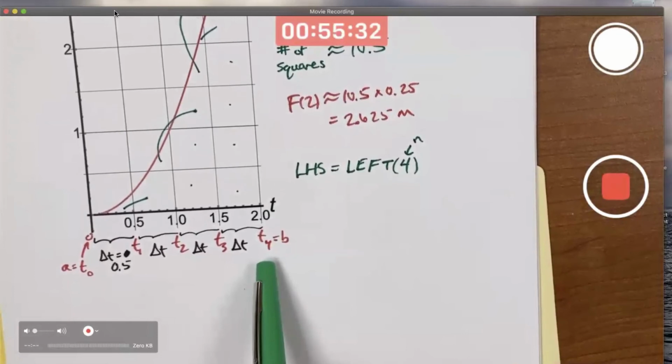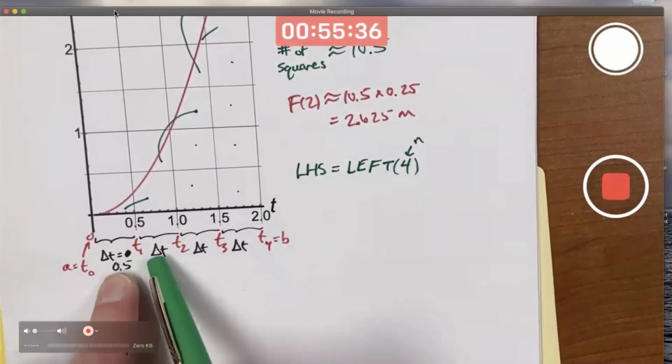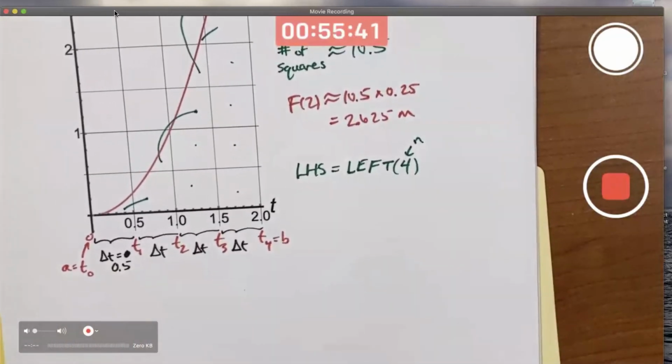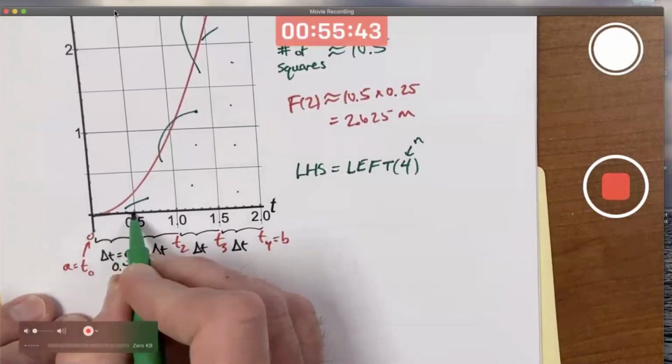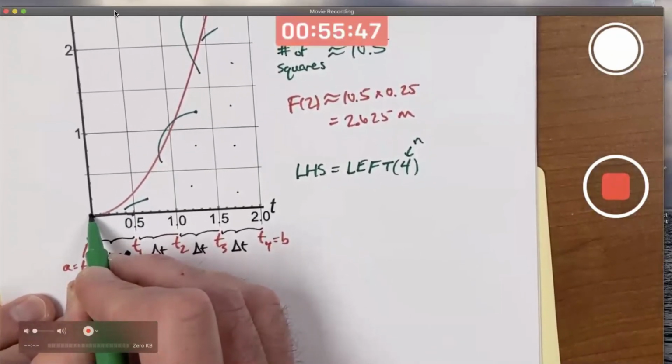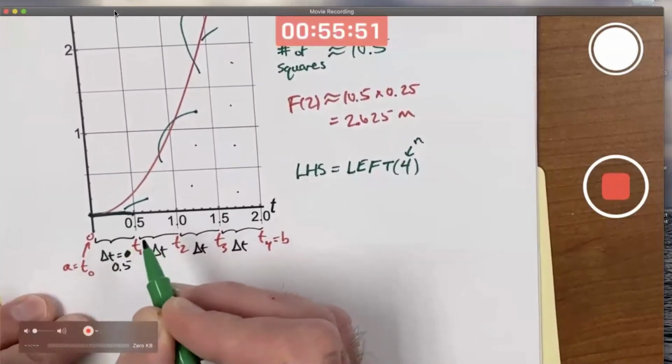I'm going to use 4 rectangles. And with the left-hand sum, what I do on each of these subintervals is I pick the left endpoint to determine the height of the rectangle. So for the first interval, its left endpoint is 0. Go up to the function to get the height of the first rectangle, which is 0, which means there's really no rectangle there. It's a rectangle of height 0 and area 0.